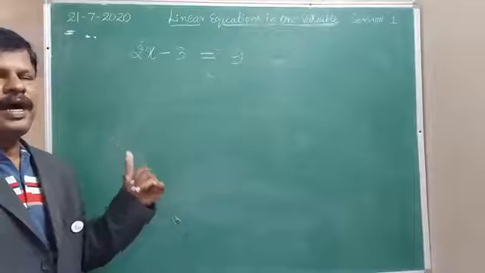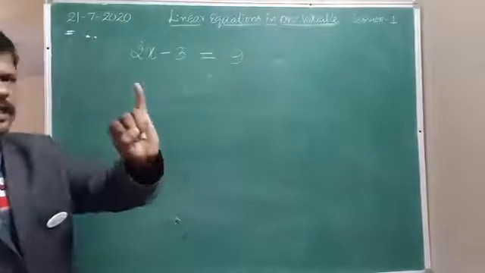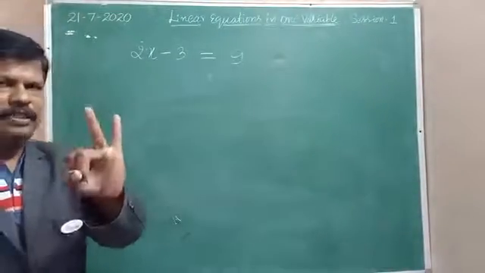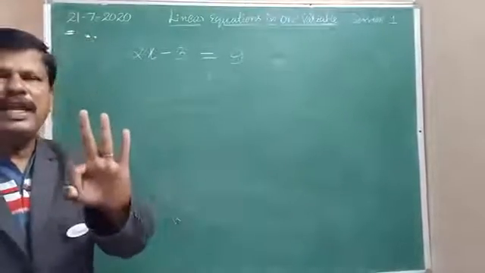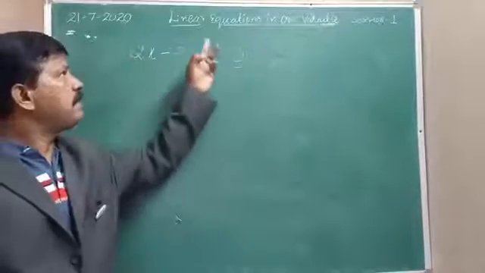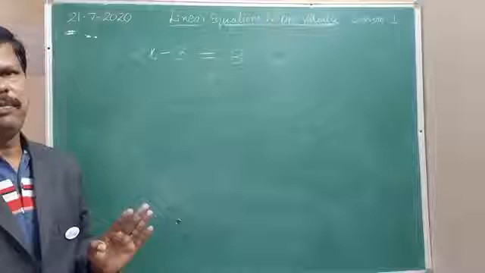How to identify this? See, the equal sign is there. First thing is over. One variable is there. Second condition is over. And its power is 1. So all three conditions are satisfied. Therefore, this is called a linear equation in one variable.